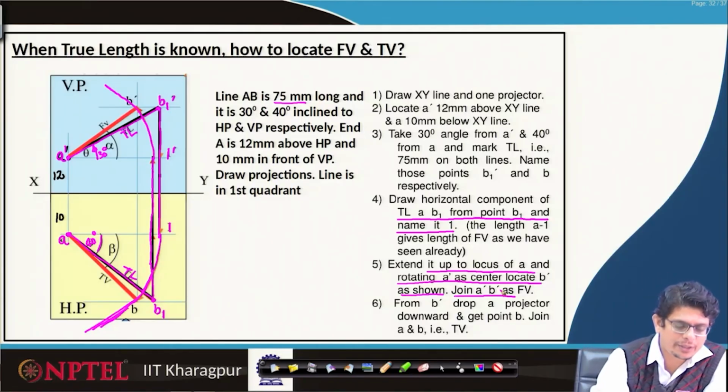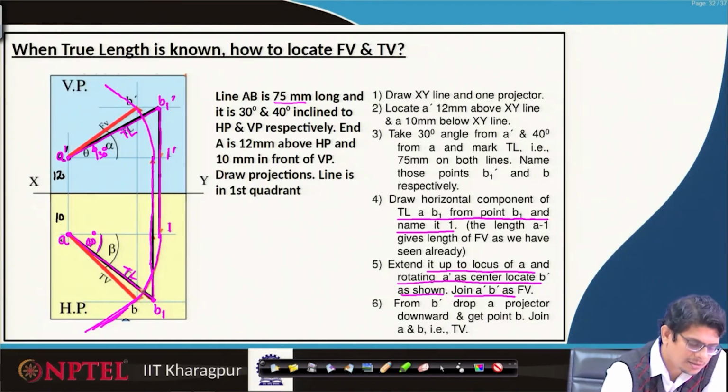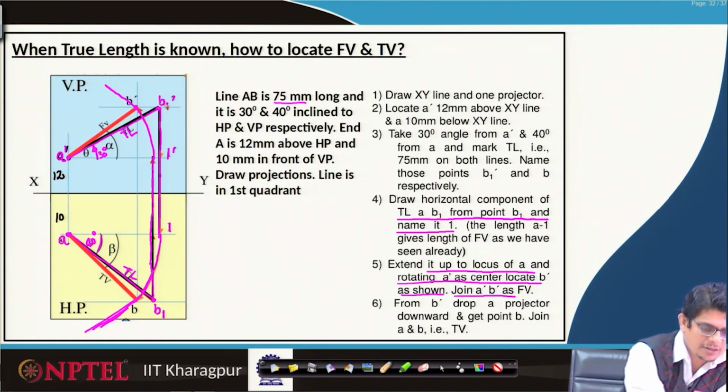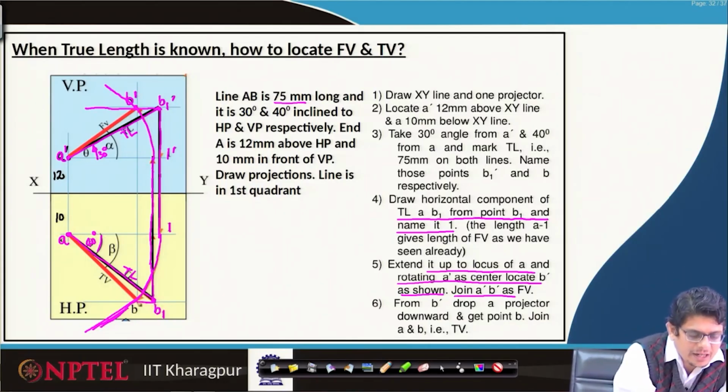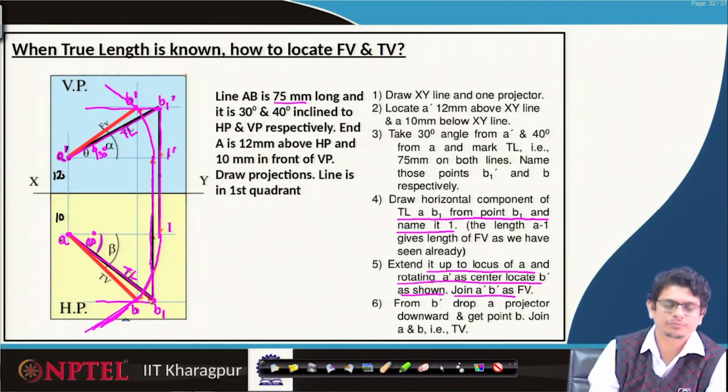So, what we have to do here is rotate in such a way that we extend a line from this B1 to locate B prime there. Similarly, this B1 we extend in such a way that we locate B prime.